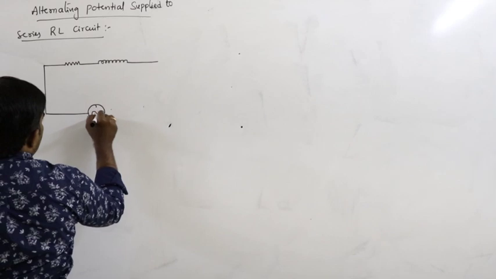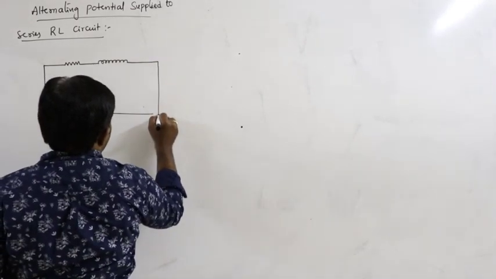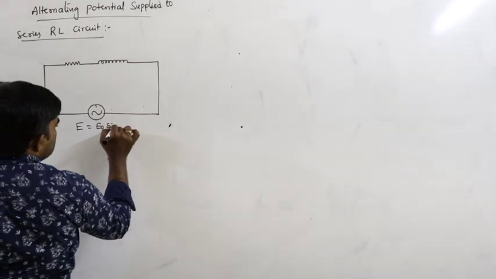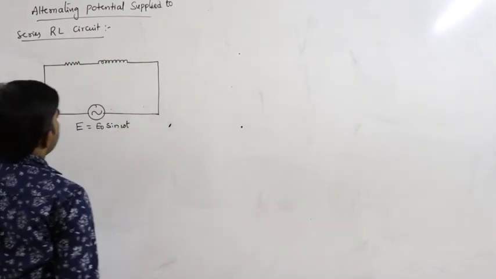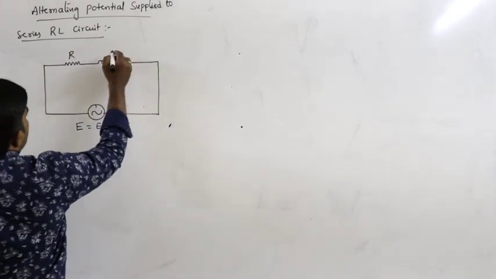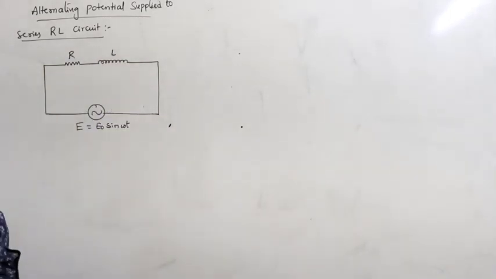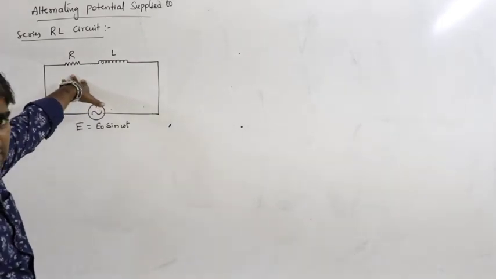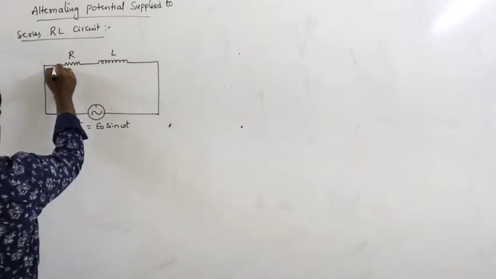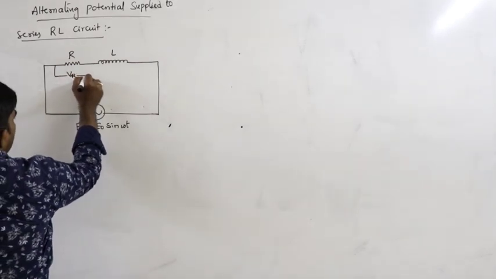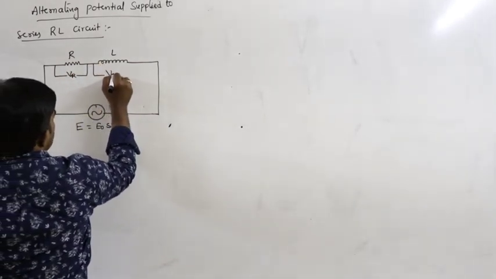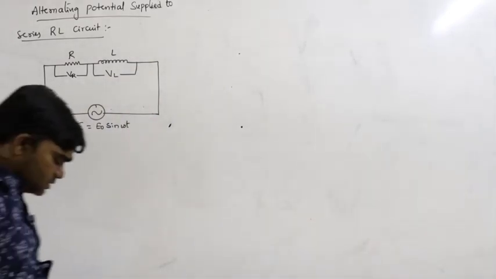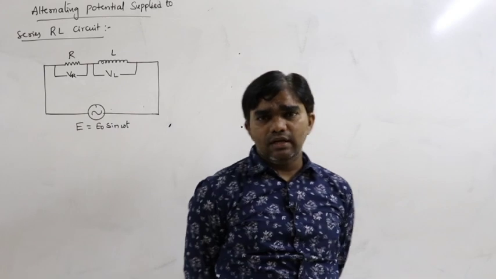So this is the alternating potential, E equals E naught sin omega t, and this is the resistor R and this is the inductor L. So series RL circuit, RL means resistor and inductor. The potential across the resistance is VR and the potential across the inductor is VL.